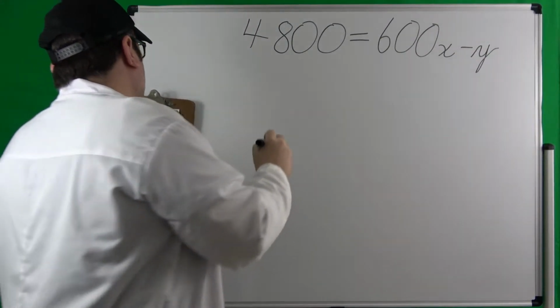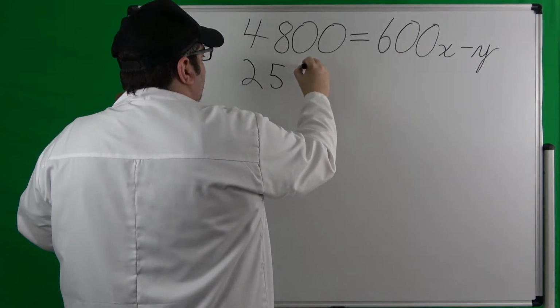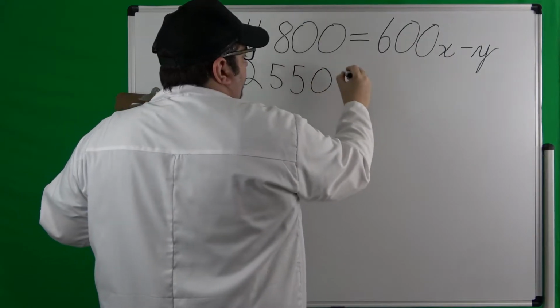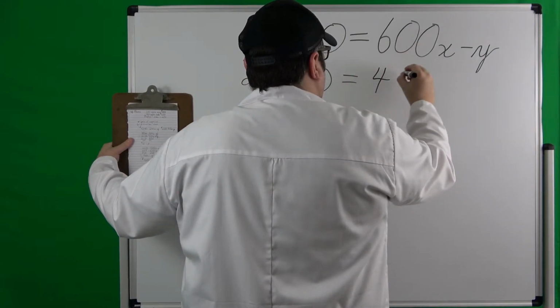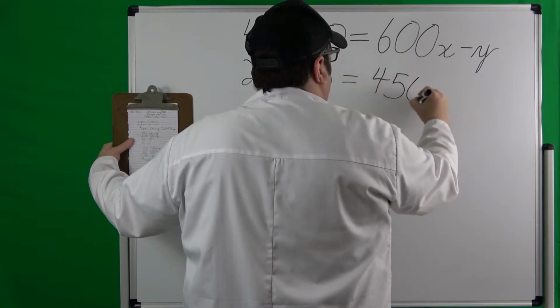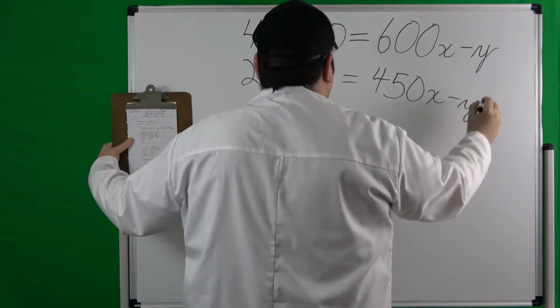And for the other one, we'll have 2,550 equals 450X minus Y.